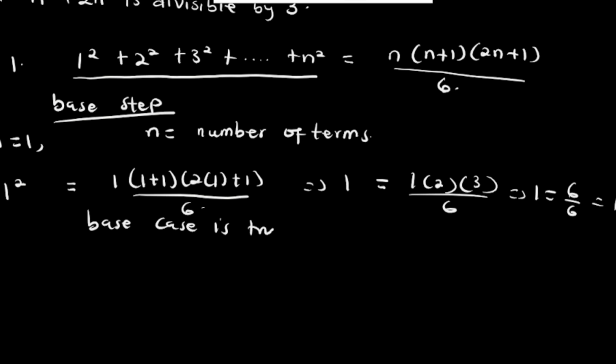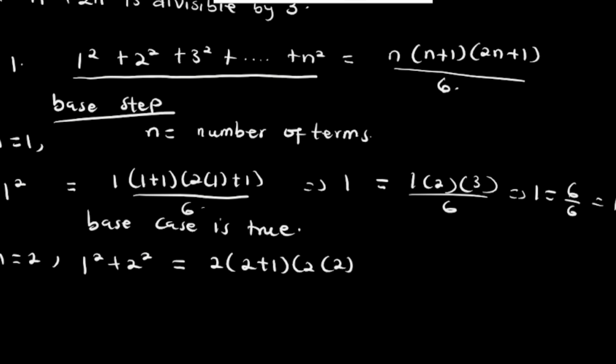is true. You can go further to test for base case when n is equal to 2. If n is equal to 2, you sum the first 2 terms of this sequence. So I'm going to have 1 squared plus 2 squared, right? Should be equal to, here you put 2. So I'm going to have 2 multiplying 2 plus 1 multiplying 2 times 2 plus 1, all on 6. 1 squared plus 2 squared obviously will give me what? 5.